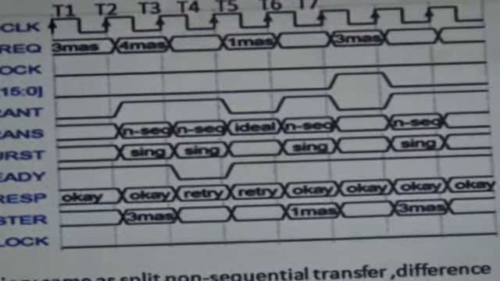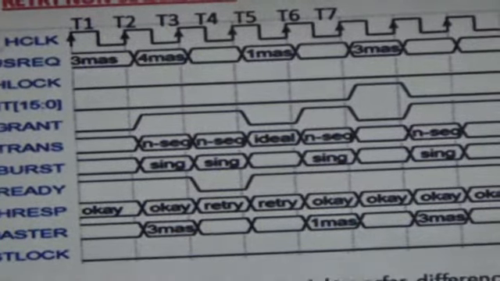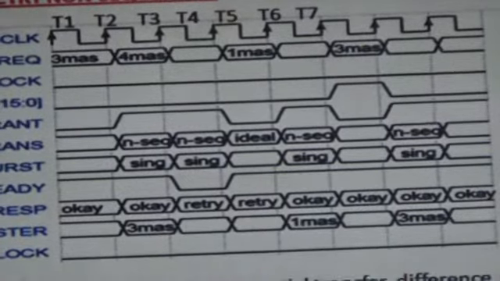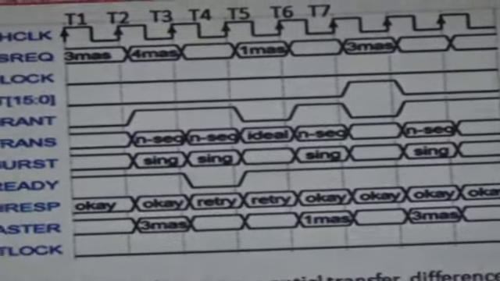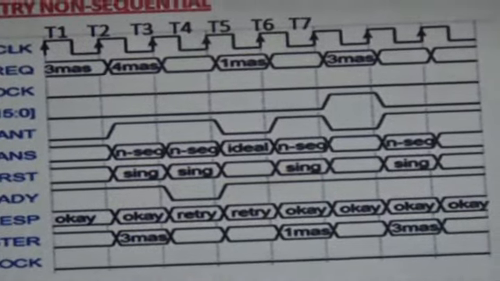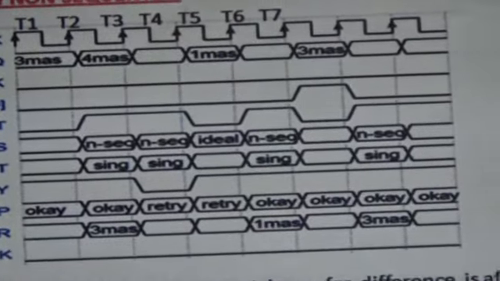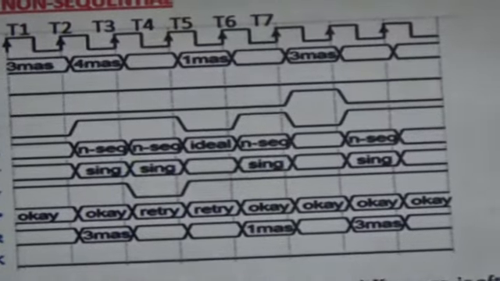In T3 clock cycle the bus is updated to the third master, but the slave responds with retry, which means that now I am busy and I can't continue to take the transfer. So that's why in T3 clock cycle it responds with retry. Since retry and split are two-cycle responses, the retry continues for the second clock cycle at T4.